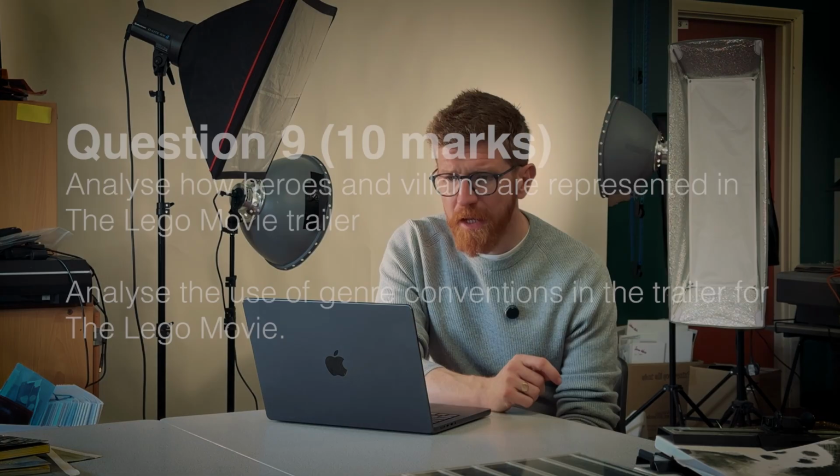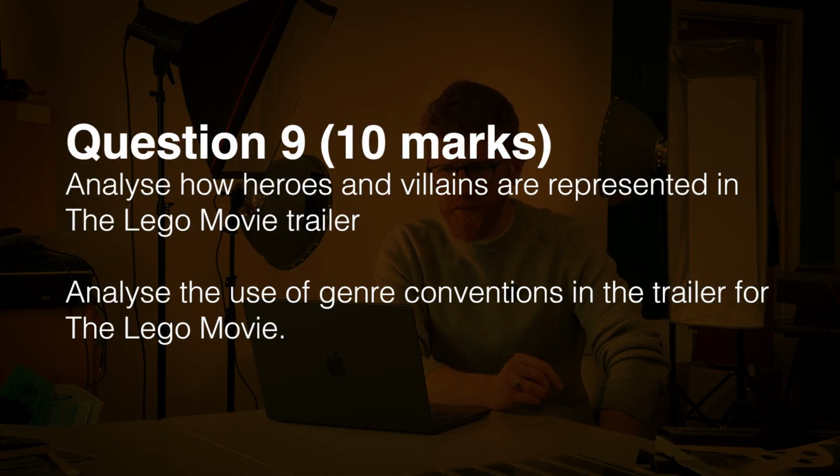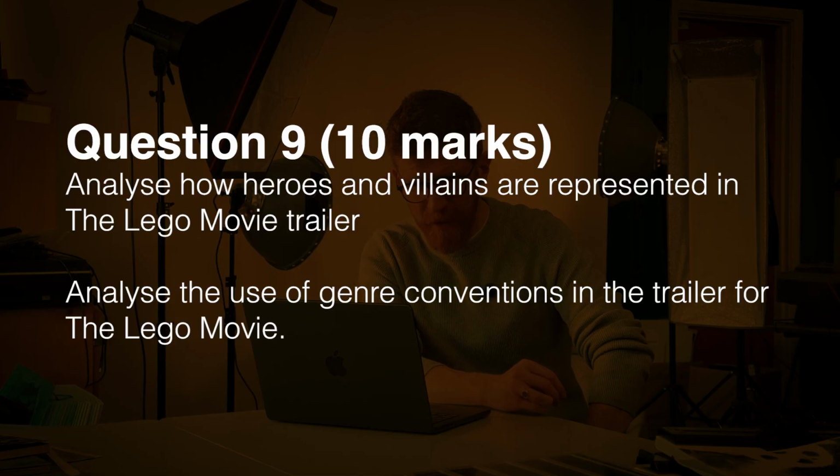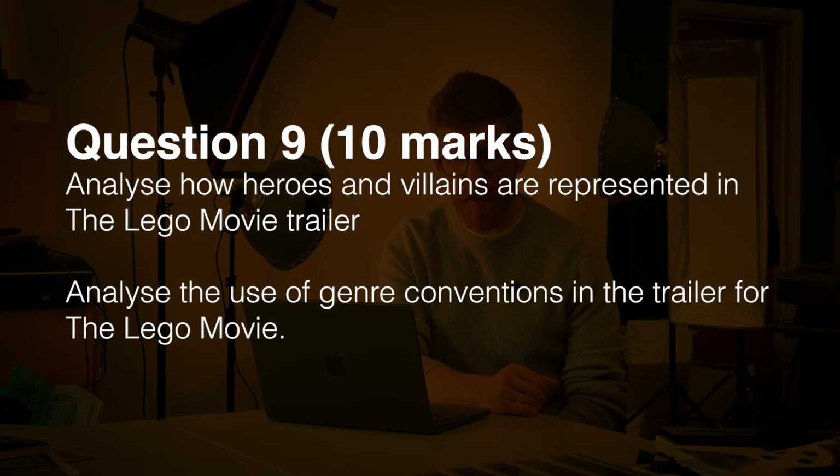So, you may well be asked to analyze the representations within one of these products, such as analyze how heroes and villains are represented in the Lego movie trailer. Analyze the use of genre conventions in the trailer for the Lego movie. Now, by this stage in the course, I'd expect you to be fairly confident with analyzing anything, seen or unseen.